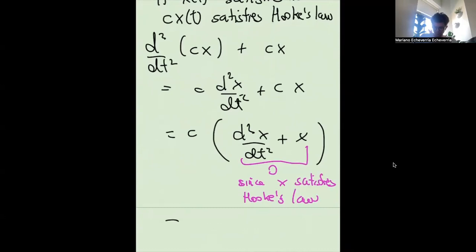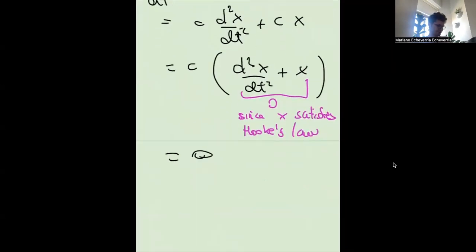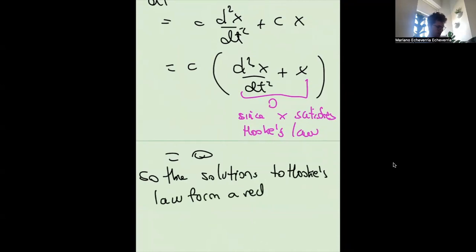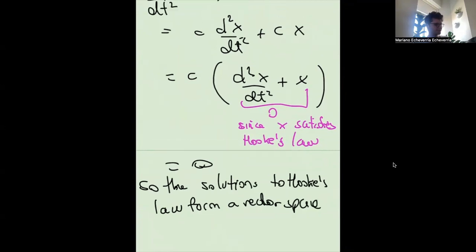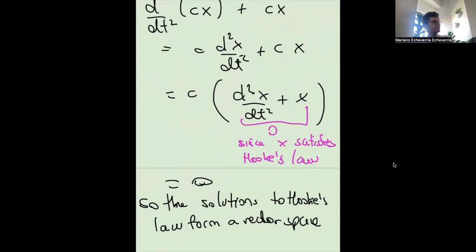So what that means is that the solutions to Hooke's law form a vector space. Again, I'm not spending too much time on this example because I'm not planning on doing any examples in this class that use calculus, since calculus is not a prerequisite.